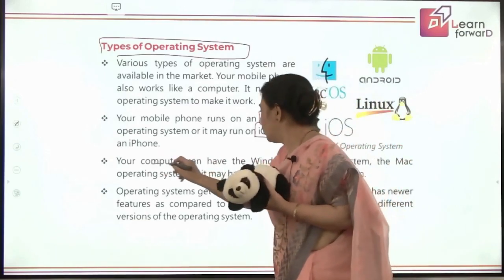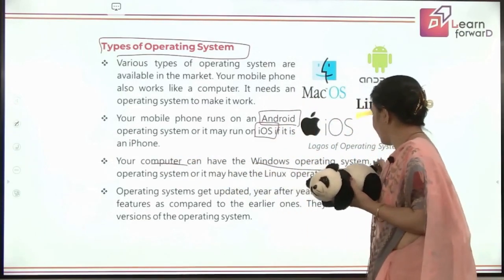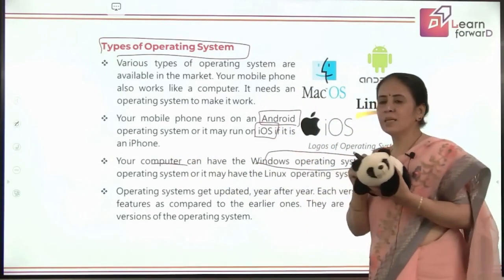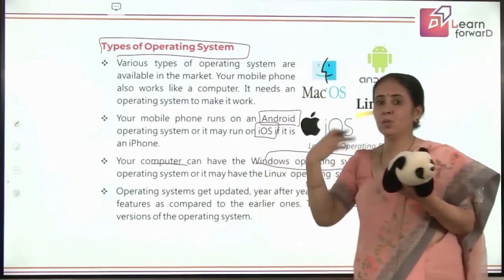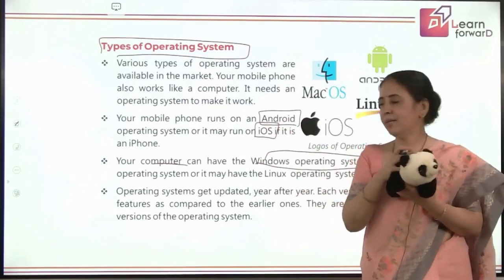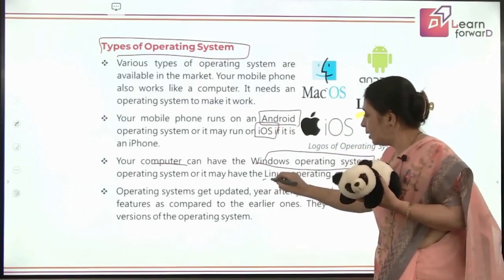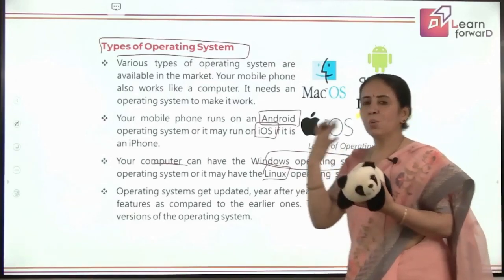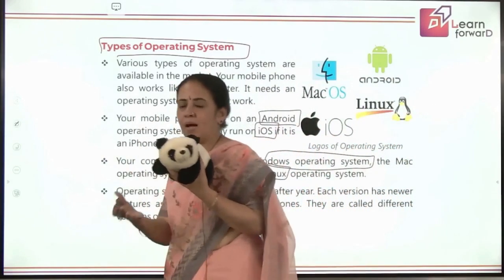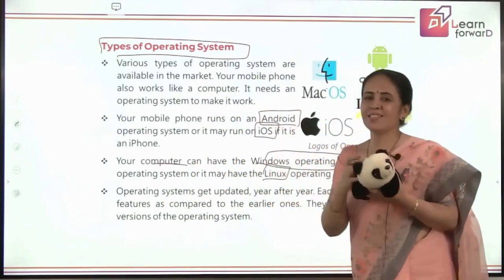Children, your computer has the Windows operating system, and this is a very, very commonly used operating system, which we are going to study in detail in the later sessions. Another operating system is Linux, which is used for multi-user, multitasking, and for your higher studies.